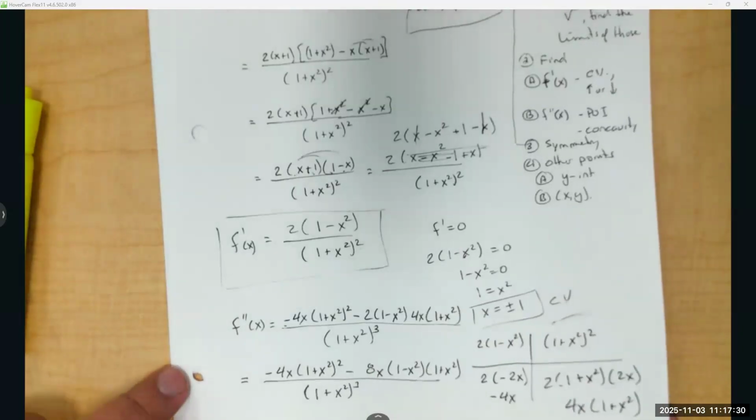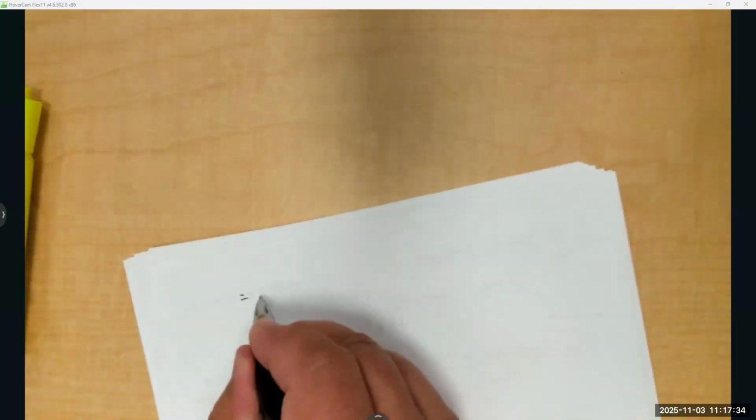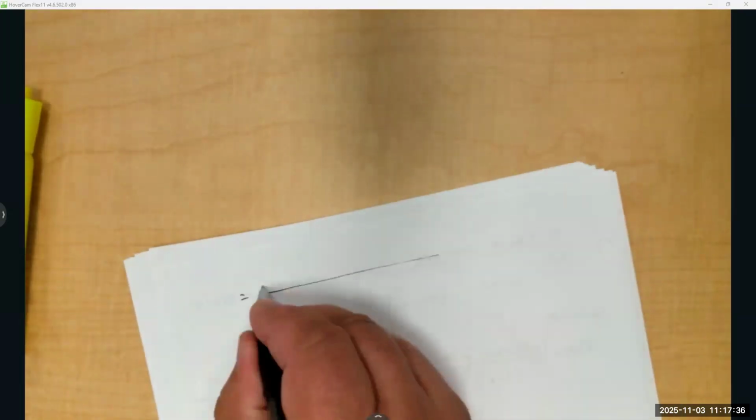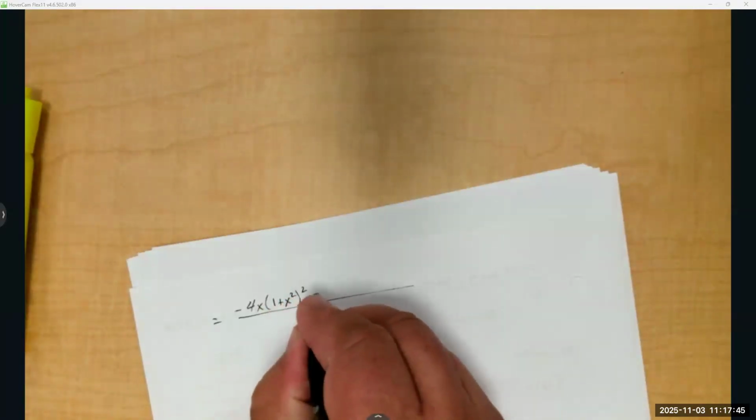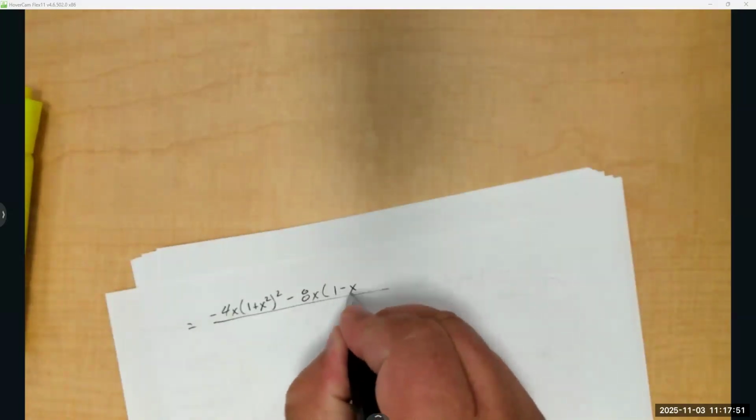Can write that on the other side. Looks like negative 4x, 1 plus x squared, squared, minus 8x, 1 minus x squared, 1 plus x squared.